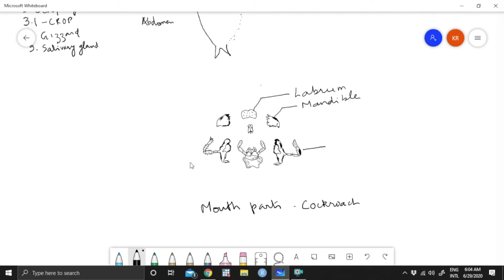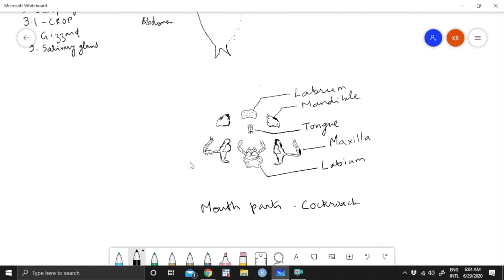Both these are maxillae, singular is maxilla, and this part is labium, and this part in the center is tongue or hypopharynx.